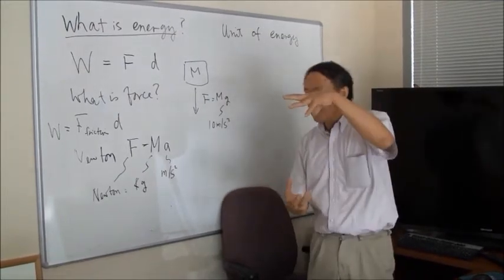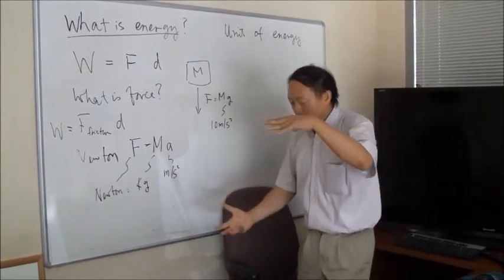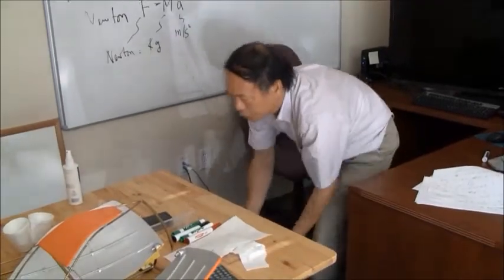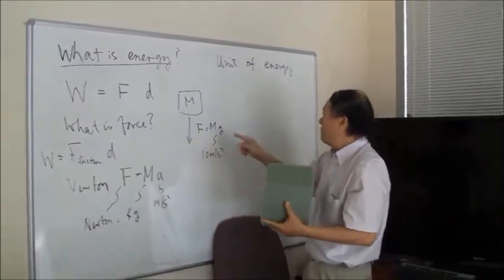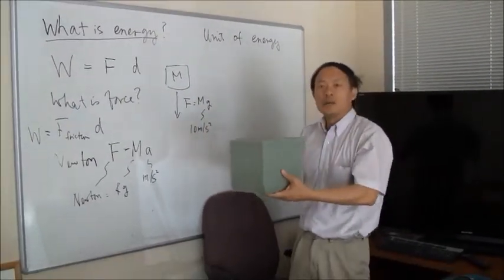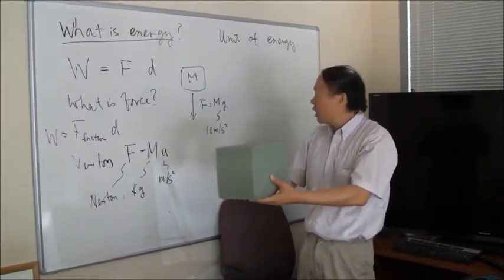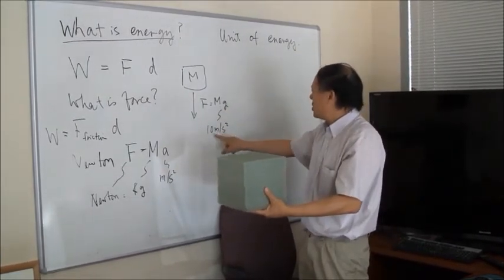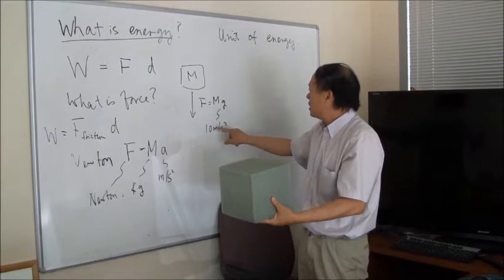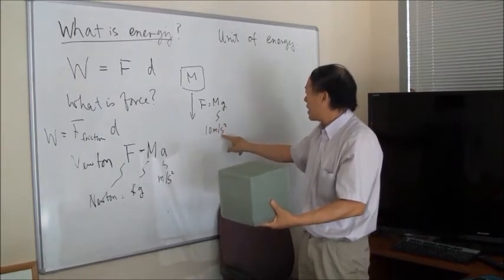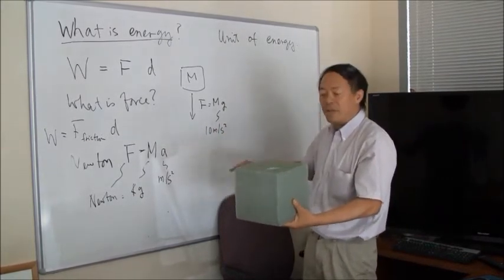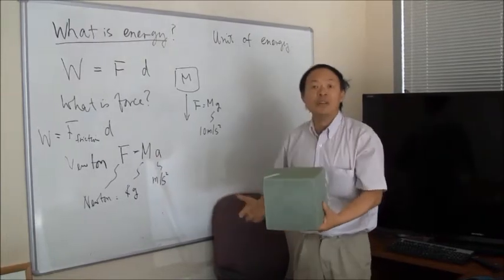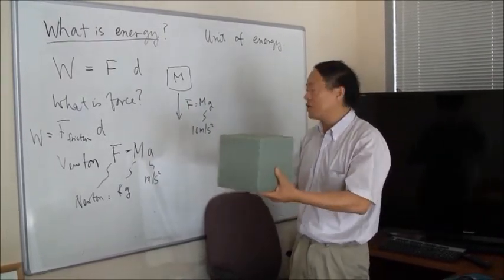So the force exerted on the concrete block, according to Newton, is m times g. In this case it could very well be 1 kilogram, and it's 10 meters per second squared times 1 kilogram, and therefore it would be a 10 Newton force on a concrete block that is 1 kilogram heavy.